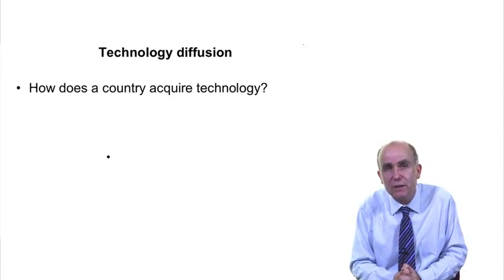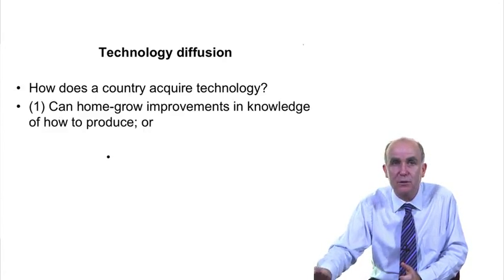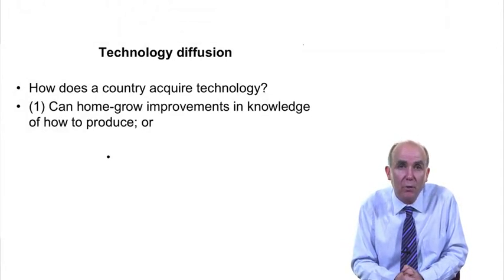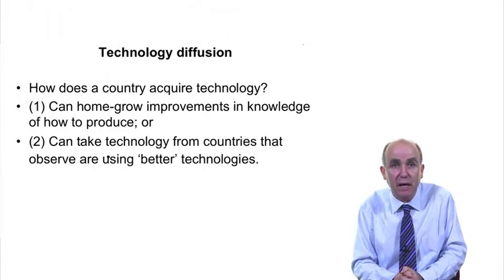If we think that technology differences matter for whether countries are rich or poor, then an important question is, how does a country come to acquire technology? There are two main ways. One, you can homegrow improvements in knowledge of how to produce, or you can take technology from countries that you observe are using better technologies than you are.